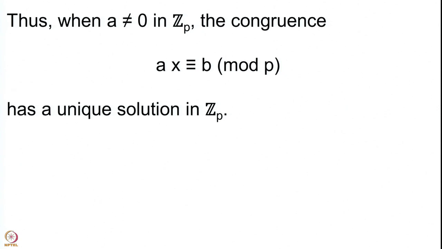Whenever you have any complex number a and a complex number b and you ask for ax equal to b, if the complex number a is not 0, you can simply invert that and you have the solution x equal to b upon a, or x equal to b into a inverse, or a inverse into b, the multiplication is commutative.